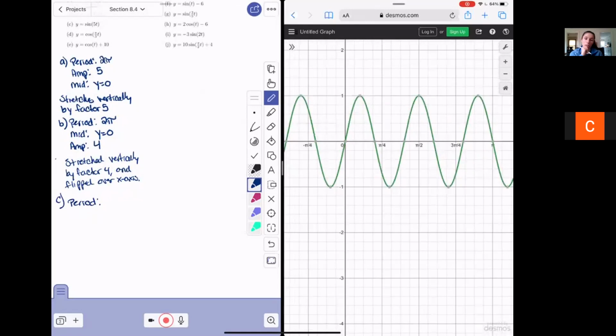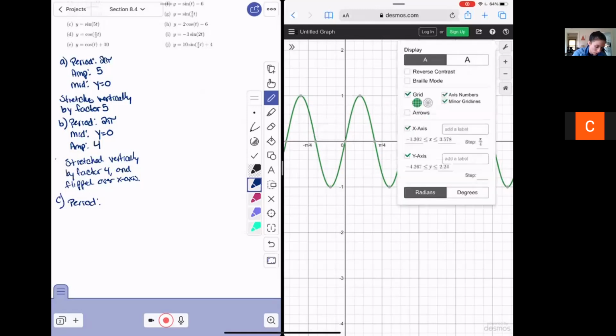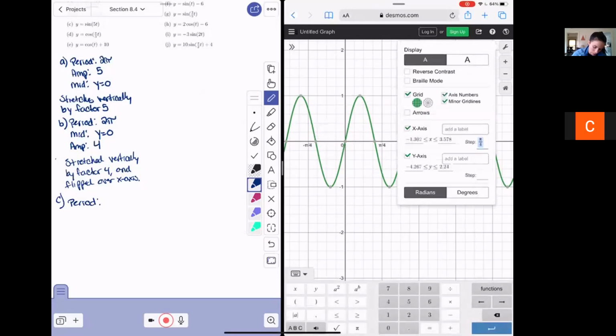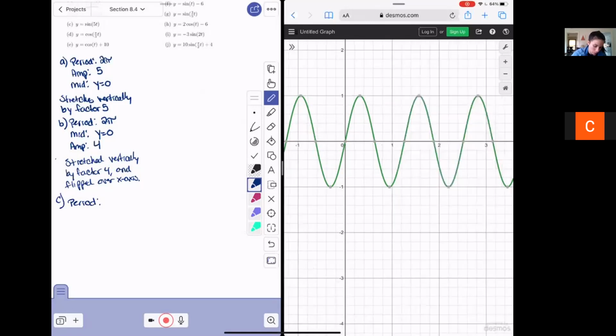We start at the origin, and we have to determine the period. So how long does it take to complete a full cycle? And actually, let me maybe if I get rid of this, it'll be nicer numbers.